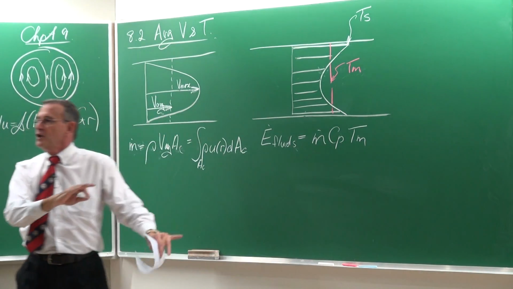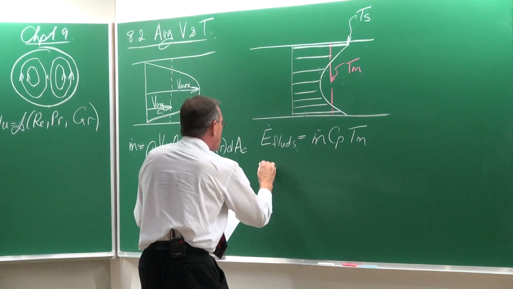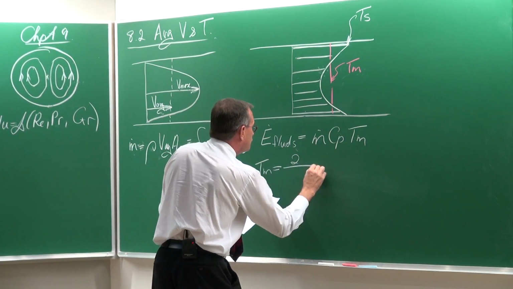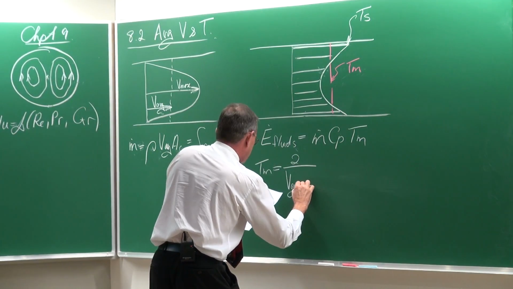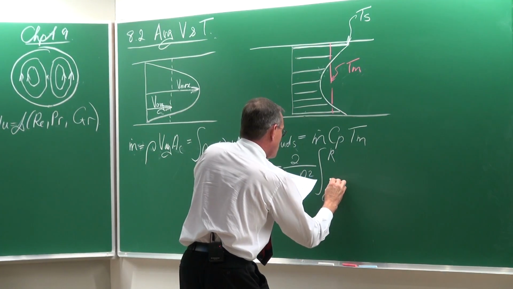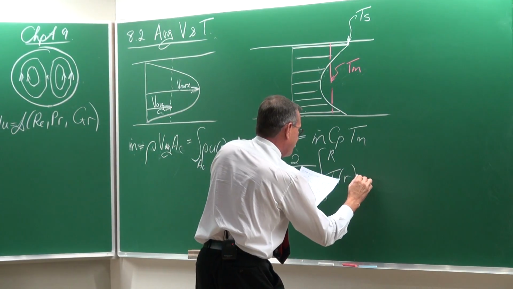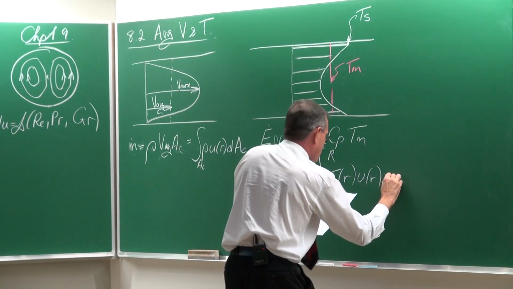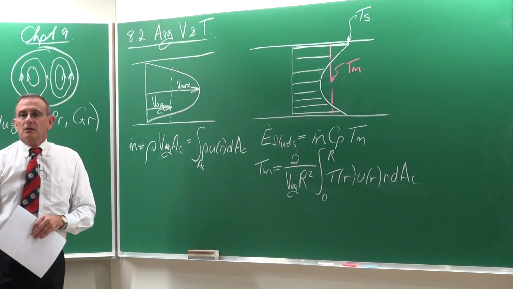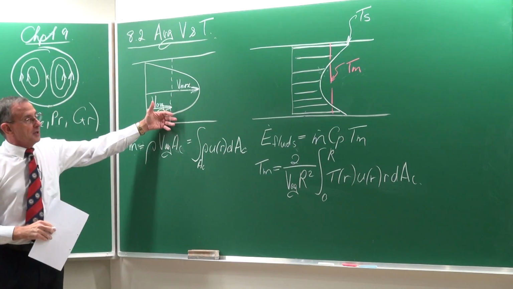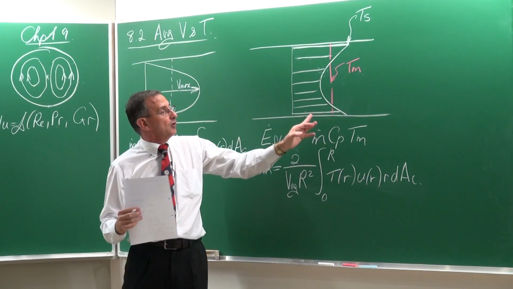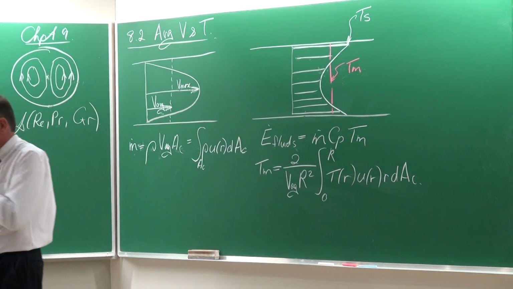I'm not going to do the full derivation for you, it is in the textbook, but based on that you can determine the average temperature, which is equal to 2 over V average R squared, times the integration from 0 to R of the temperature as a function of r, times u(r), multiplied by r dr. So we have to take into consideration the velocity profile and the temperature profile to get the average temperature.